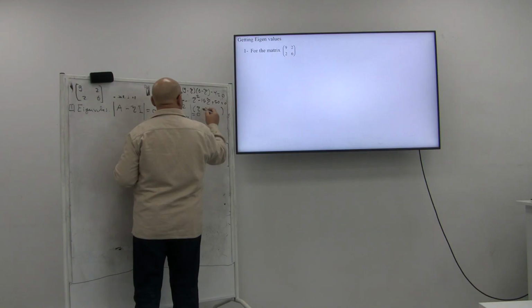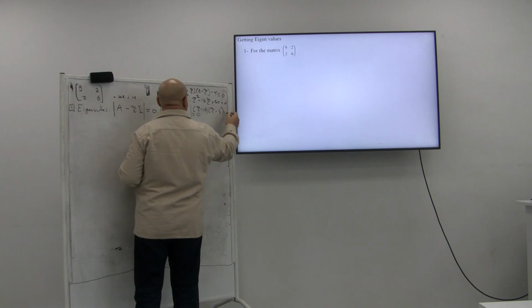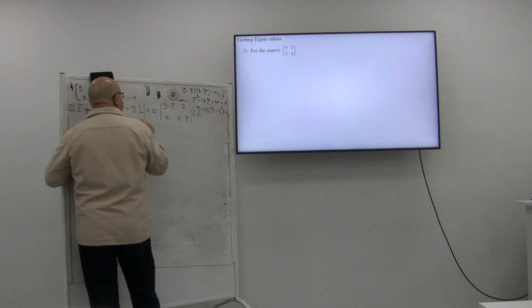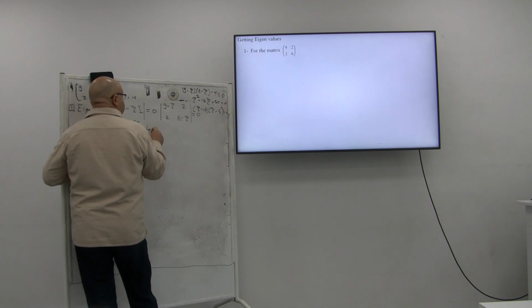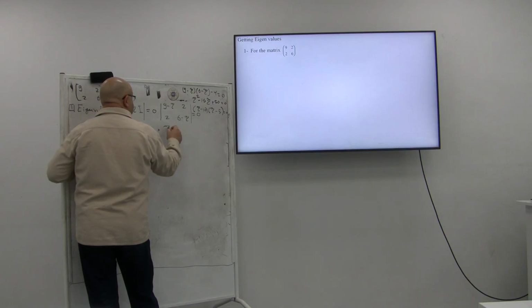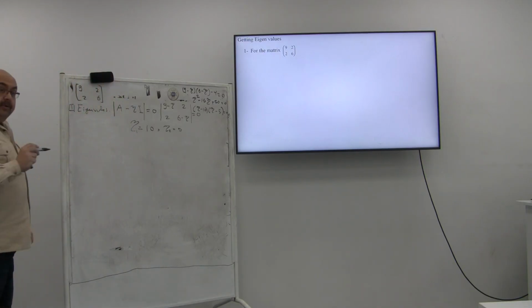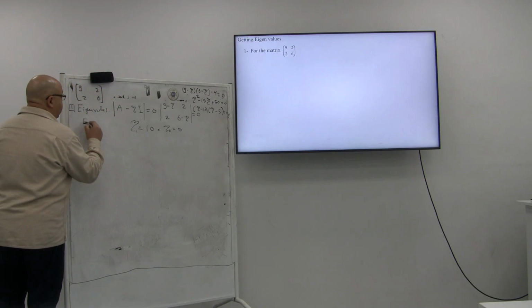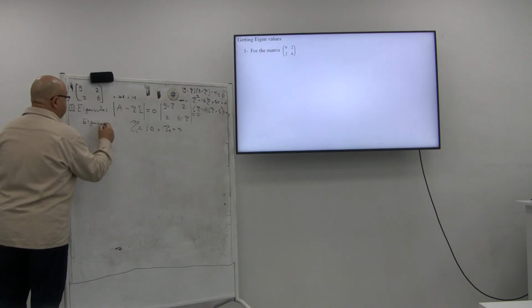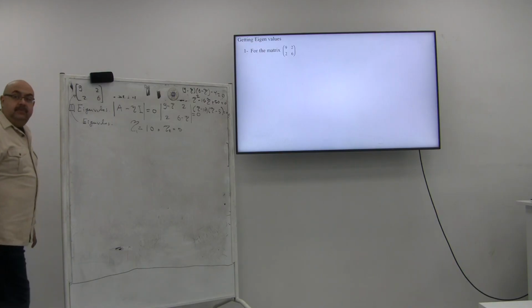Okay? (Eta minus 10)(eta minus 5) equals 0. Now I have the values of eta, which is eta 1 equal to 10, and eta 2 is equal to 5. Am I right? These are the values of the eigenvalues relative to this matrix.